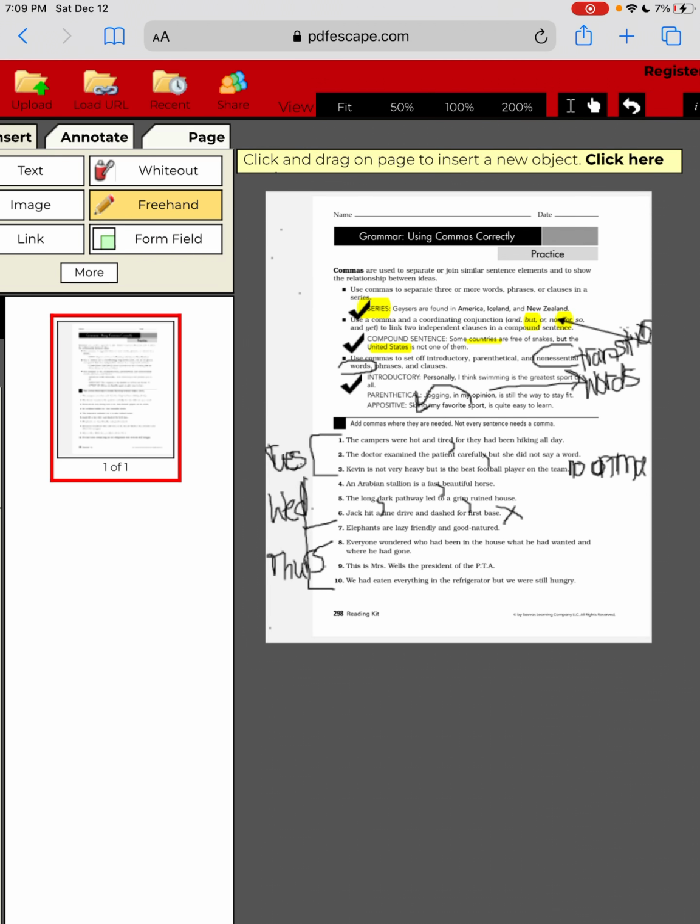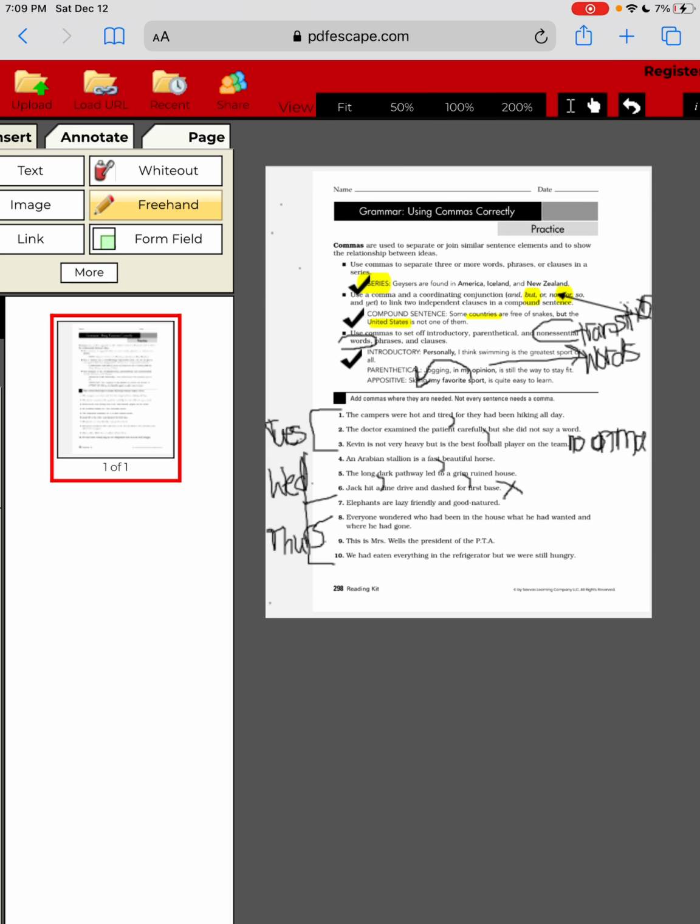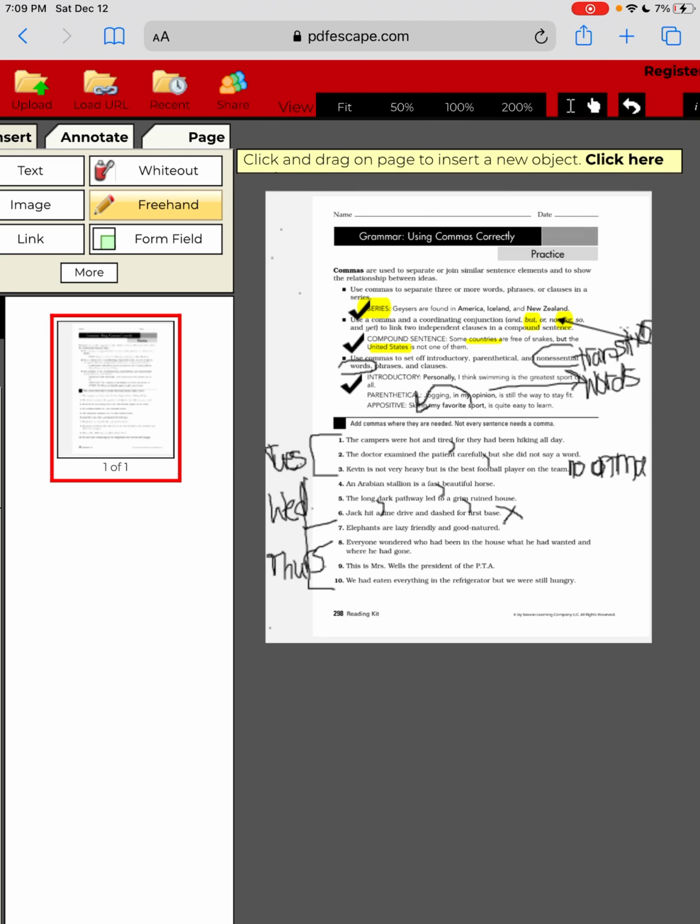Elephants are lazy, friendly, and good-natured. Elephants are 3 things. We have items in the series. Lazy, comma, friendly, comma, and good-natured. Number 8.